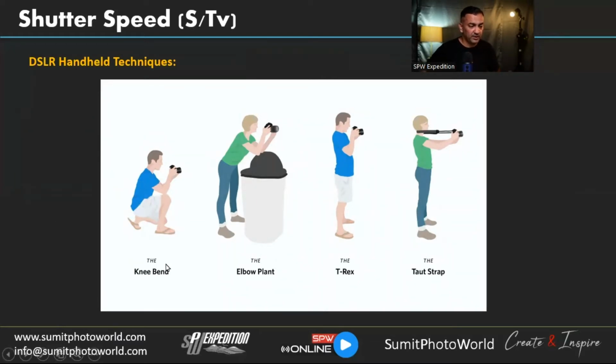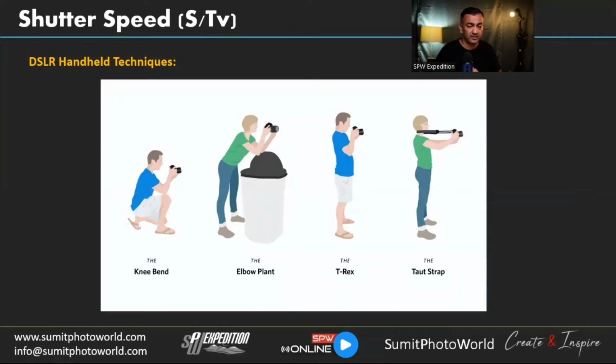The knee bend: we bend one knee and make it a platform where we can stabilize the device. We can also find a rock or some platform where we can plant our elbow like a stand, and stabilize the device for better exposure and sharper images.